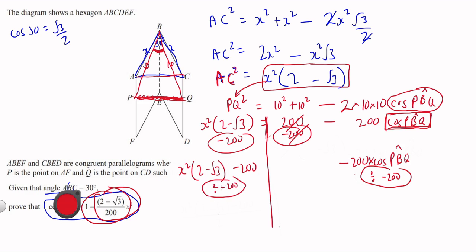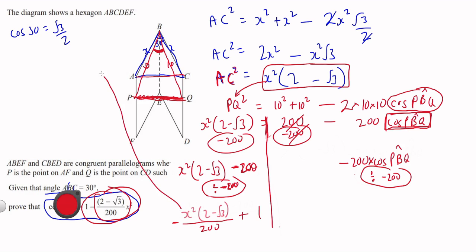Remember, I'm dividing by negative 200. That will give me x squared times 2 minus root 3 over 200, but because I'm dividing by a negative, that will turn negative. And then over here, negative 200 divided by negative 200 will give me positive 1.